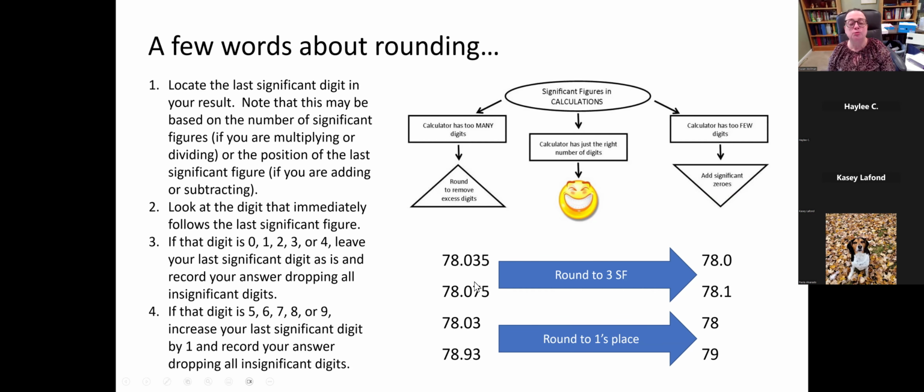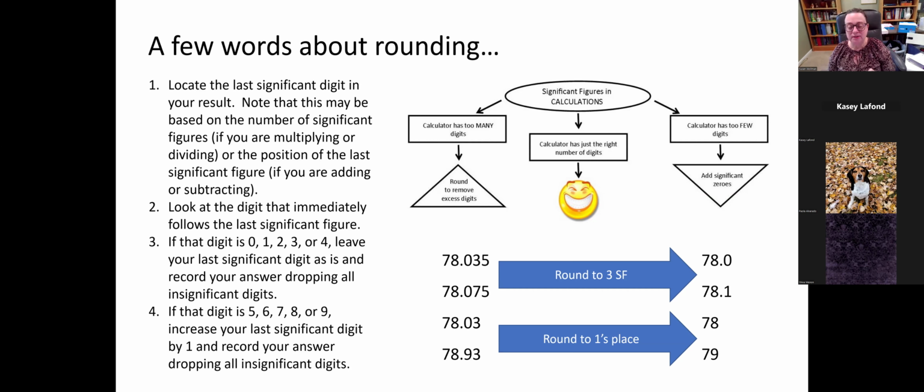We're going to look at what comes right after that 0. It's a 7. So do we round that 0 up, or do we leave it be? We round it up. Yes, we are, right? Because 7 is bigger than 5. So that becomes 78.1.